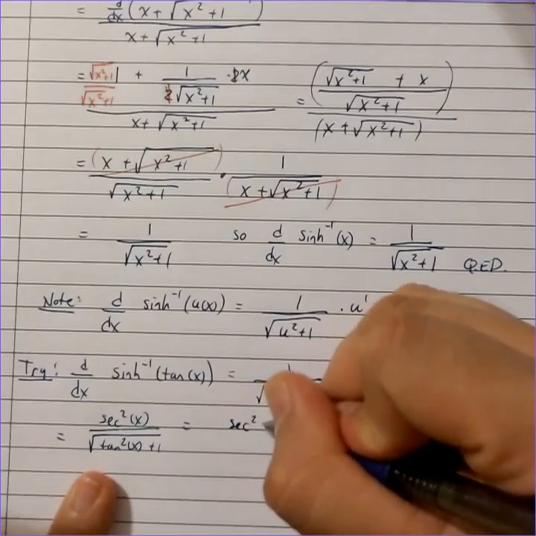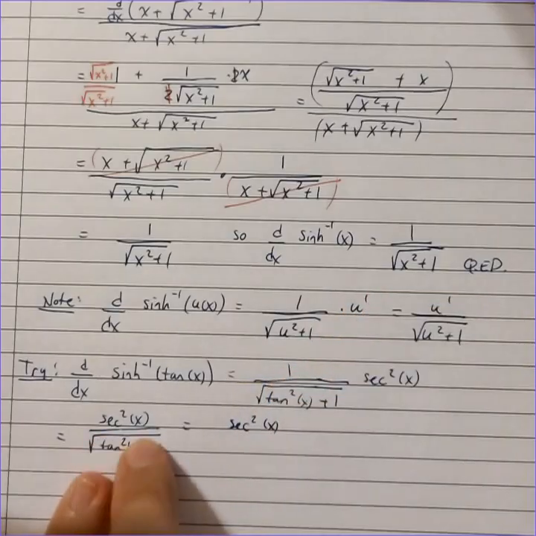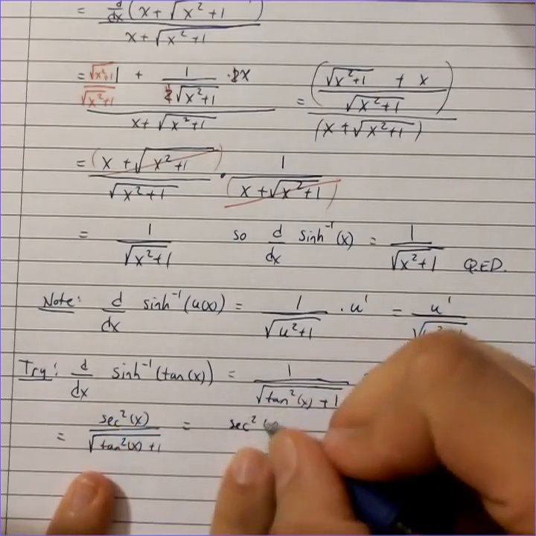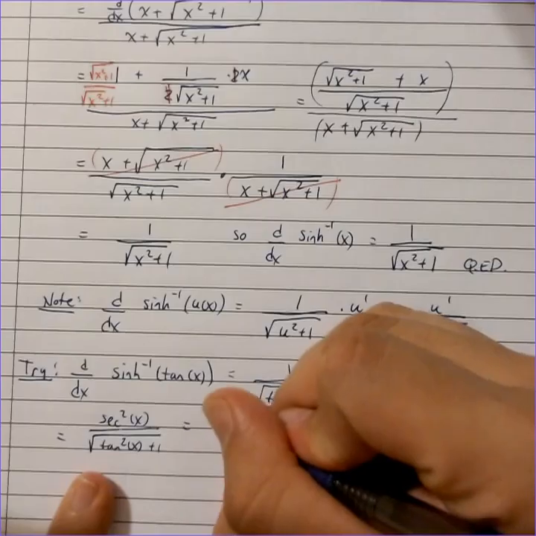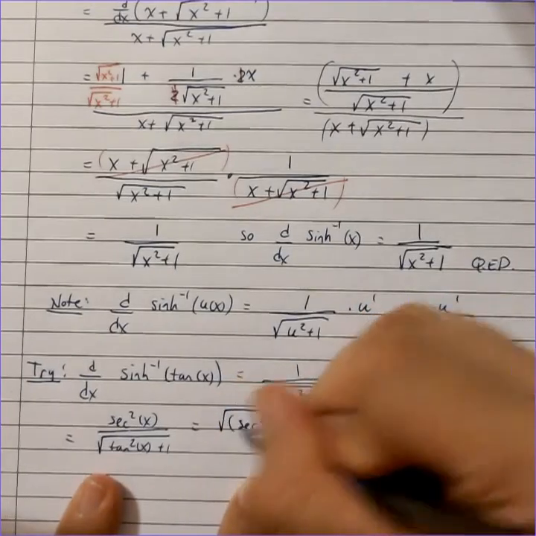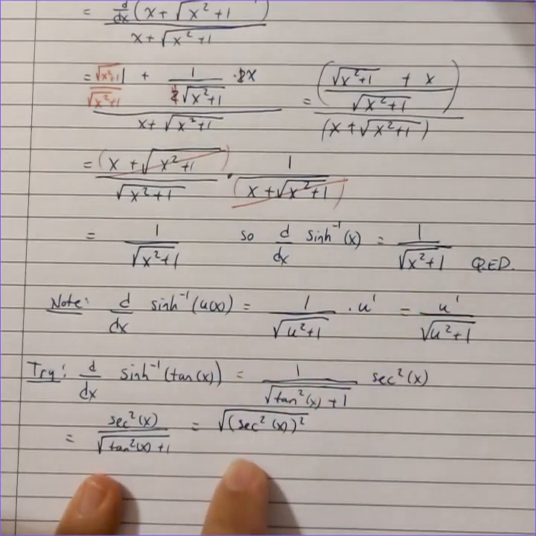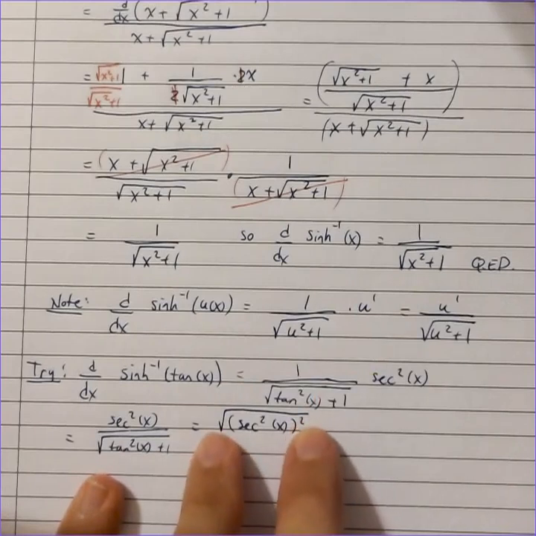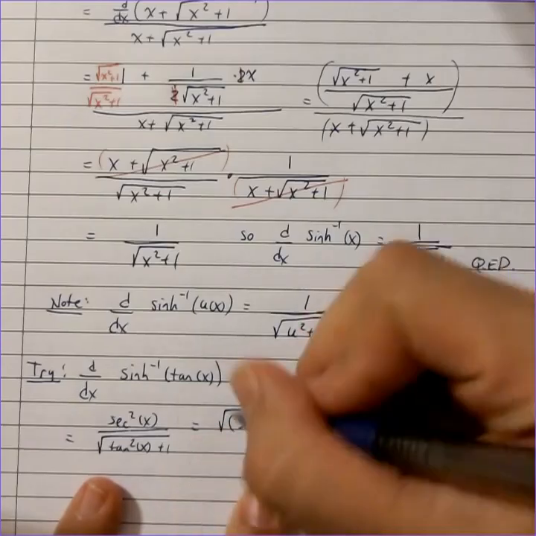secant squared of x. Now note, this is a positive value. If you square something, it's going to be positive. So since that's a positive number, I can simply write it as the square root of the square of that expression. Here, that square and that square root would cancel out, and you'd have no problem with positives or negatives since that's positive anyway.